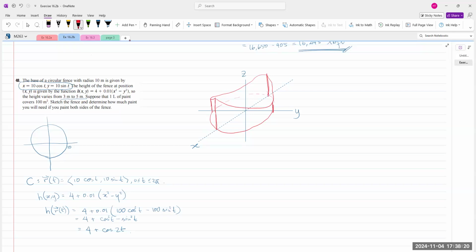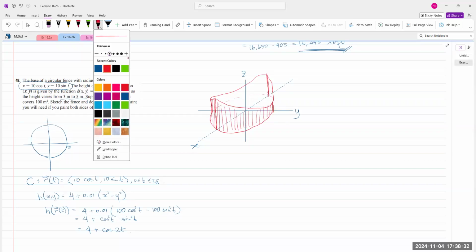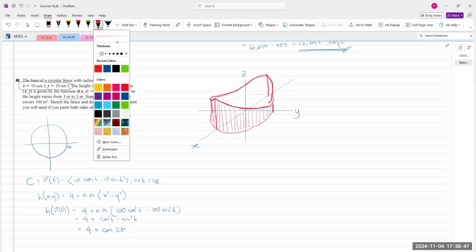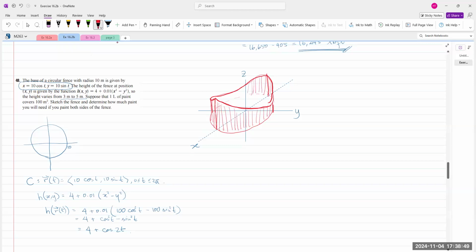So the fence is approximately something that looks like this. Make the top thicker so that we know that it goes up to what. On the behind side, the fence approximately looks like that.